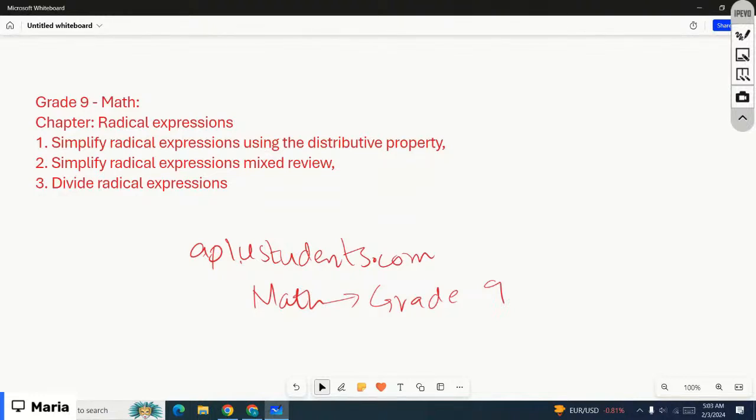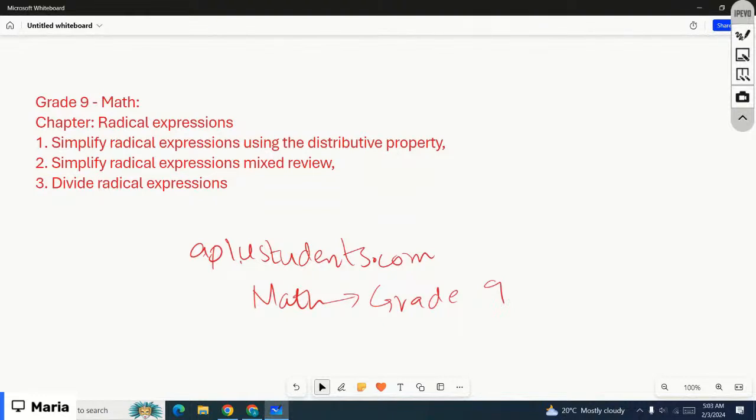We're going to start with the chapter radical expressions, and the lessons we're going to cover today are: simplify radical expressions using the distributive property, simplify radical expressions mixed review, and divide radical expressions.